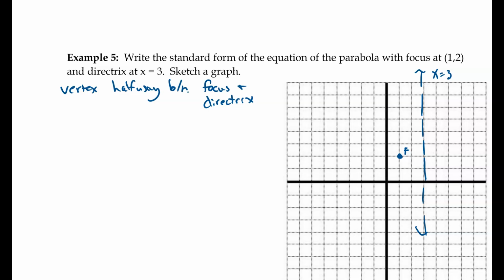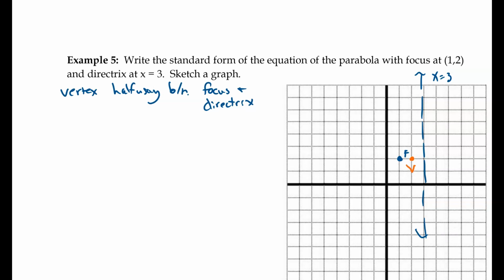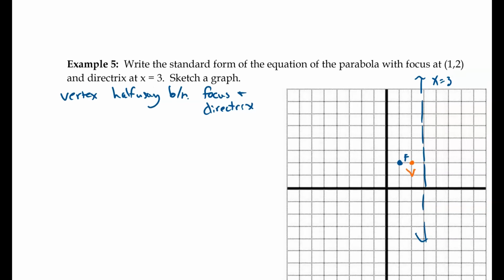But if you draw and you know that it's halfway between, you know if this is the focus and it's halfway, this has to be your vertex value. So my vertex, because from here to here is a 2 distance away, is at what value? It is at 2, 2.